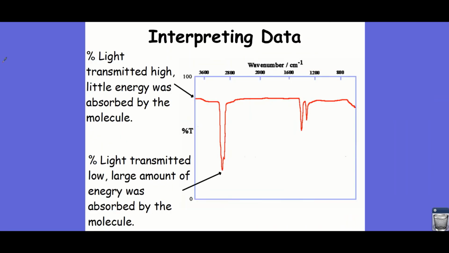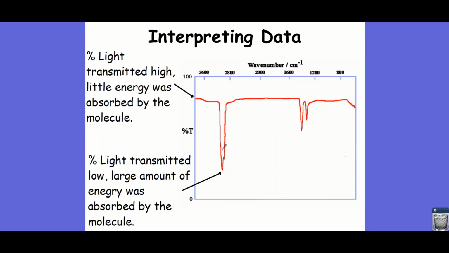So let's have a wee look at interpreting infrared spectra. We have a kind of baseline running along the top, and our y-axis is just percentage transmission. So when that line is up towards 100, it means that there's a high percentage of light being transmitted, so very little is actually being absorbed by the molecule.